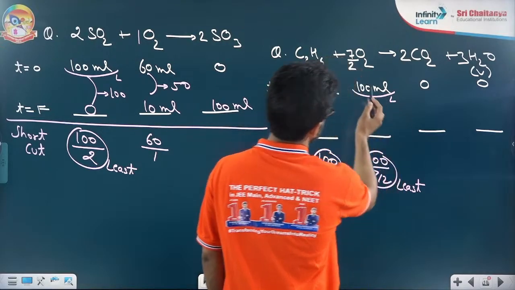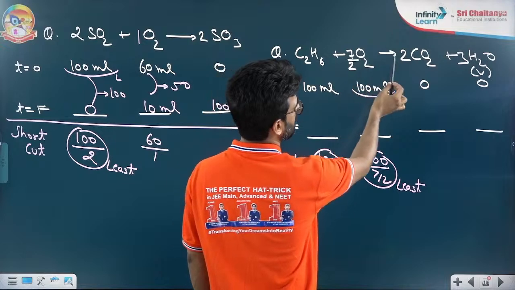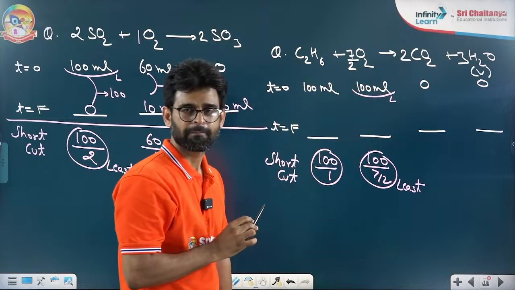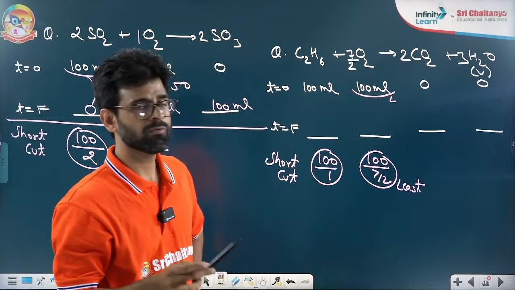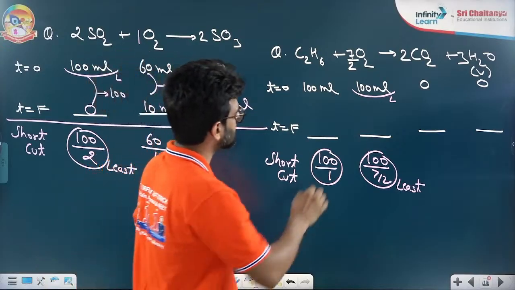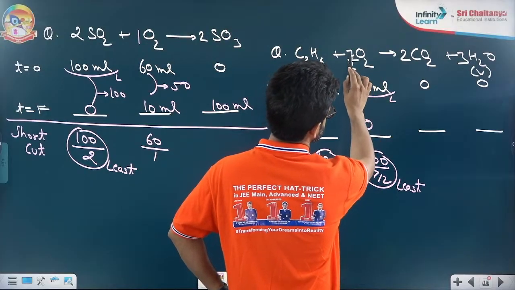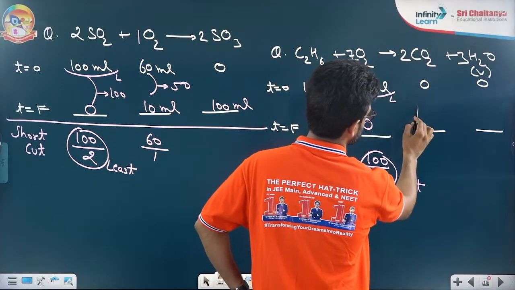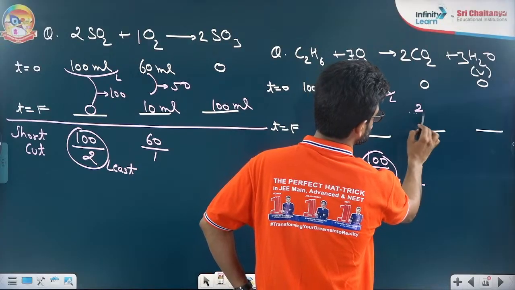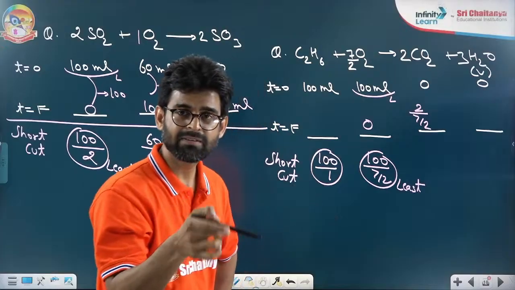Fine. 7 by 2 you can say beta. 7 by 2 ml will give you how much ml? 2 ml. 7 by 2 ml of O2 will give how much ml of CO2 gas? 2 ml. Same way you go. Unitary method. 7 by 2 give me 2. So 1 give me how much? 2 divided by 7 by 2. So 100 give us how much?